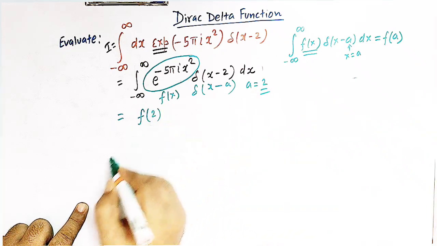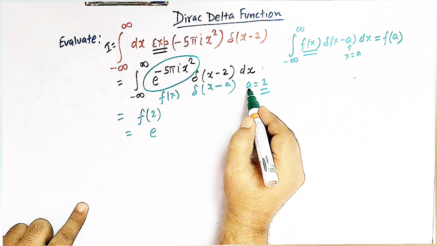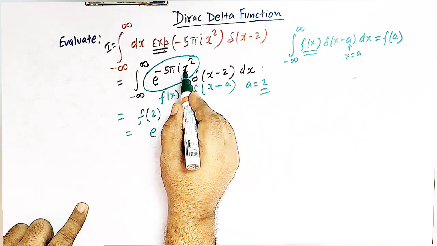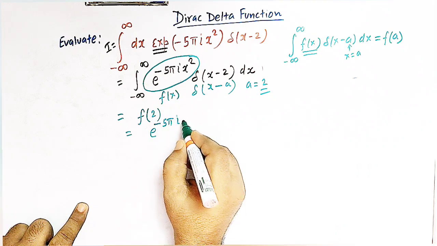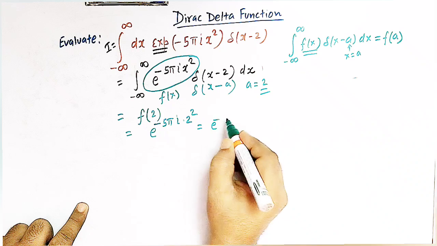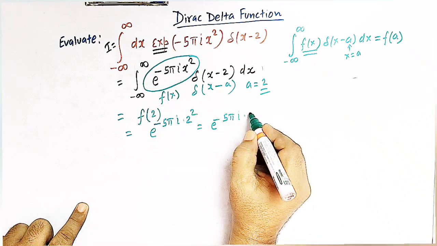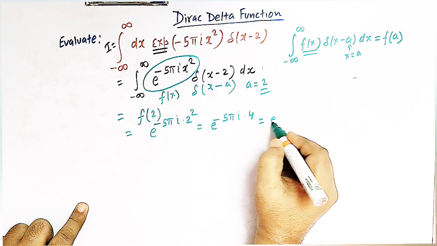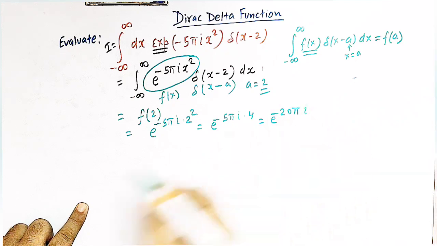So here we have f of 2. So we'll substitute 2 for x here. So we have minus 5 pi i, and here we have 2 square. So this is e raised to minus 5 pi i, and 2 square is 4. So this is e raised to minus 20 pi i, right?